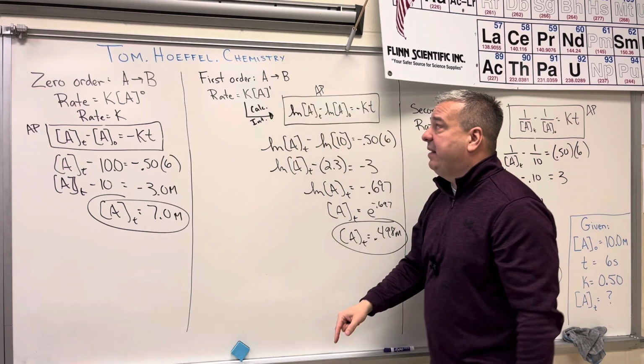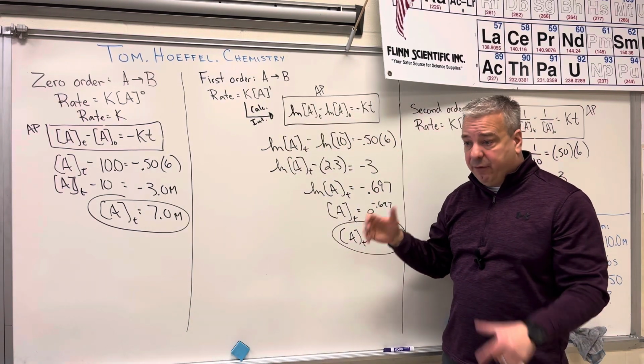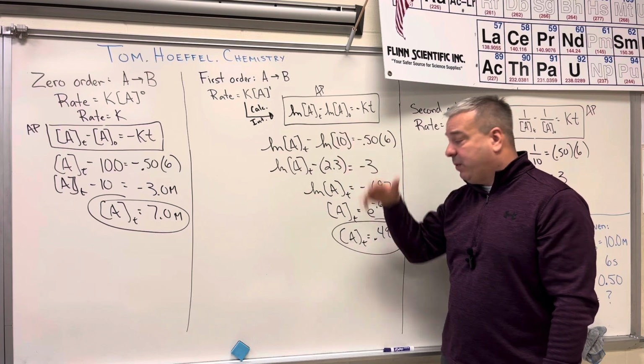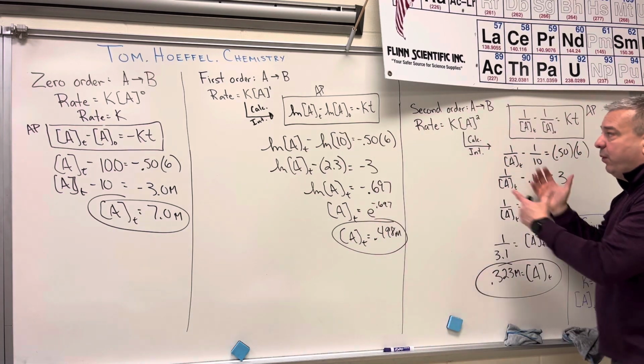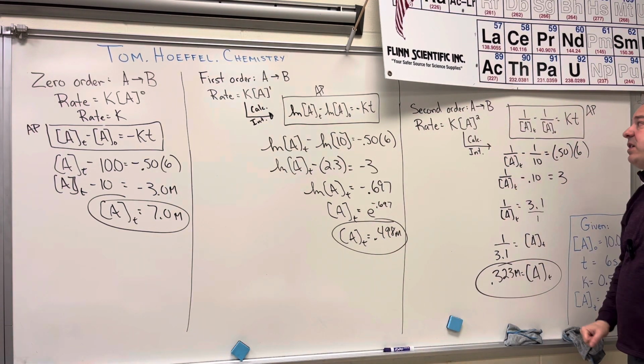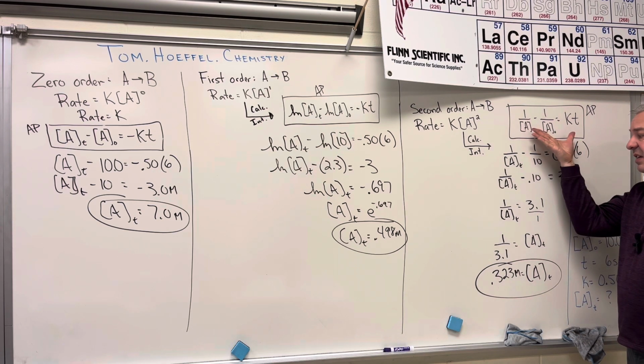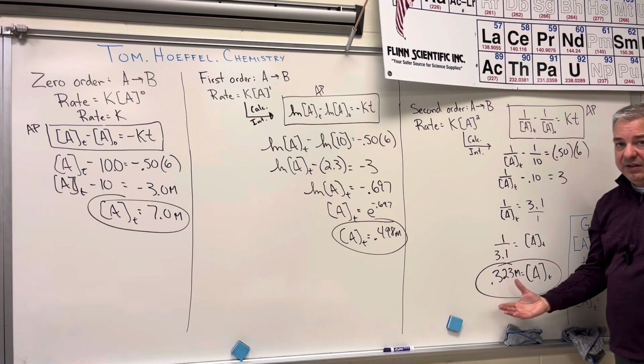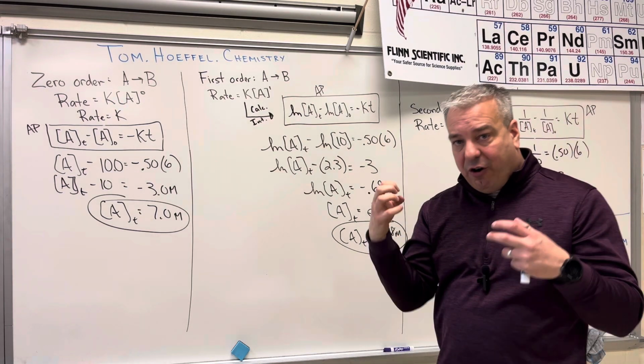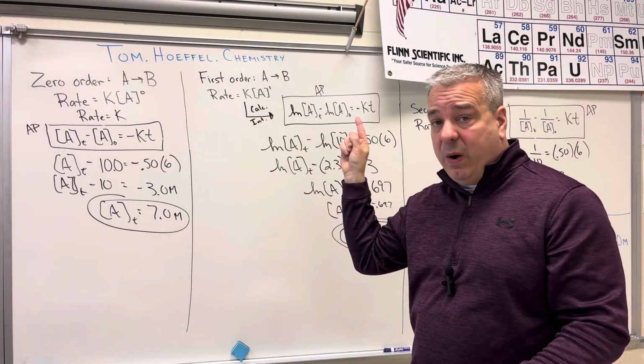But if it's first order kinetics for the problem, then you'd have to use this equation and you'd get this answer. But of course, if the problem was second order kinetics, you'd have to use this equation to get this answer.